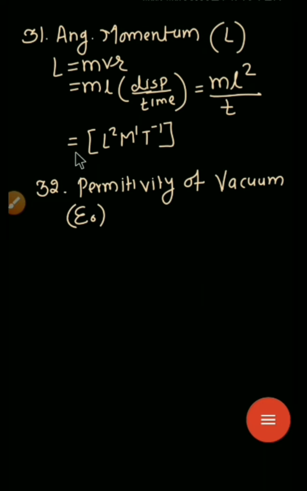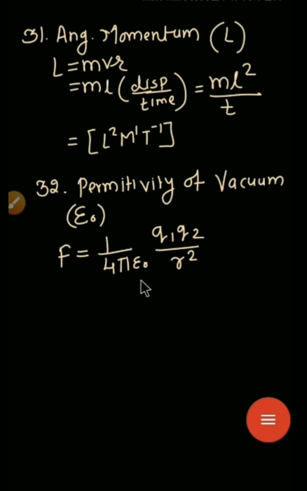Here we know Coulomb's law. What is Coulomb's law? Force is equal to 1 upon 4 pi epsilon naught Q1 Q2 upon r square, right? So from here we can find epsilon naught. The formula for epsilon naught becomes 1 upon 4 pi F, Q1 Q2 upon r square.